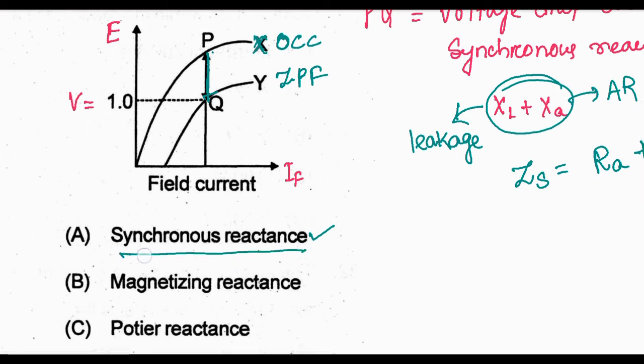This is actually the voltage drop due to synchronous reactance. So here option A is correct, but the language is not correct. The language should be voltage drop due to synchronous reactance, because the y-axis here is in volts and the x-axis is in current. So this will be in volts.